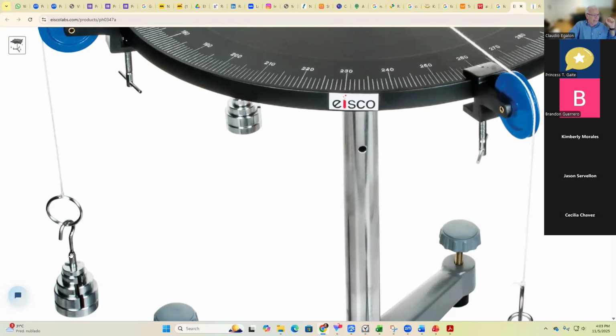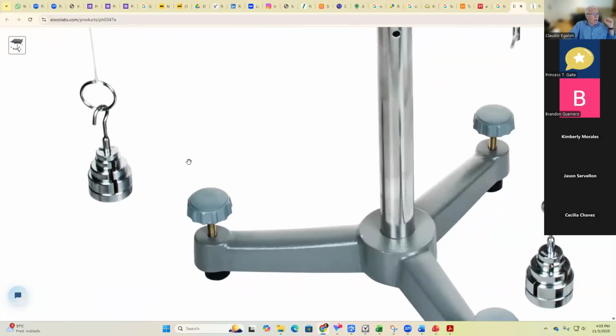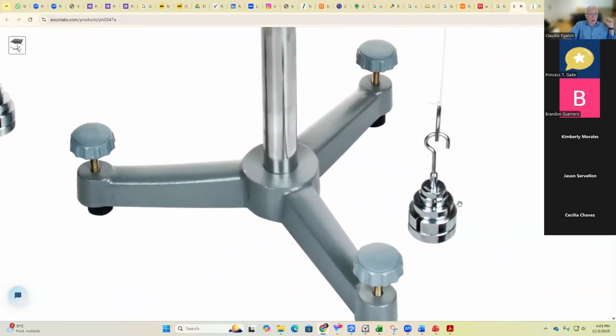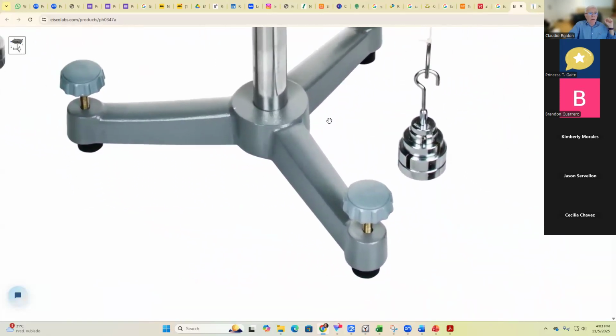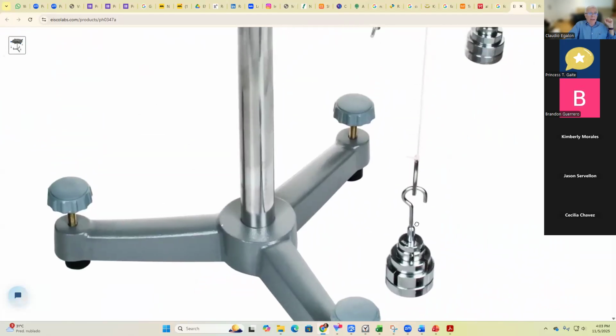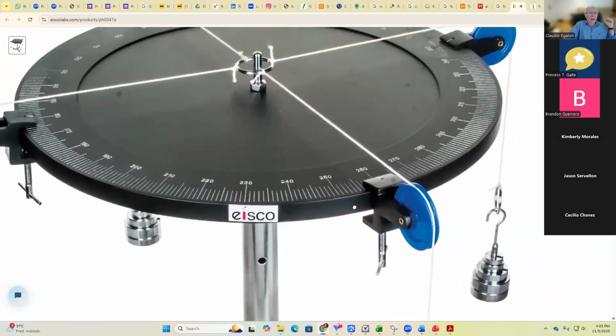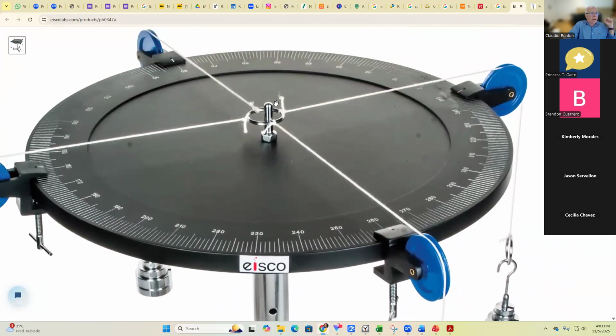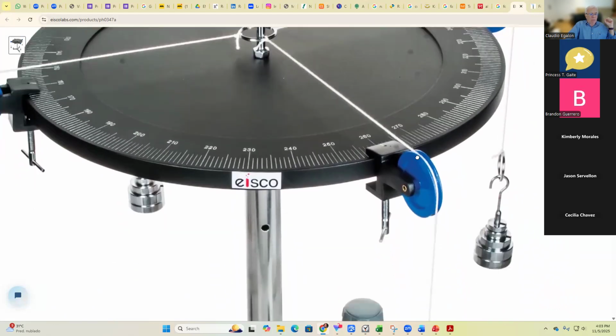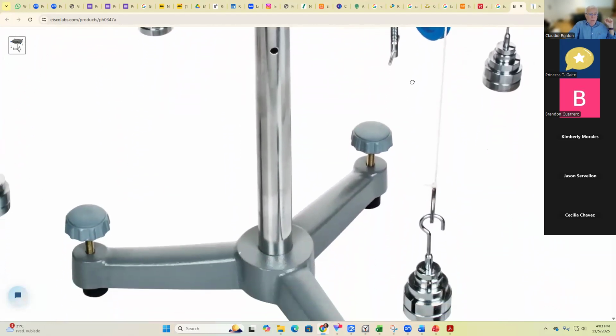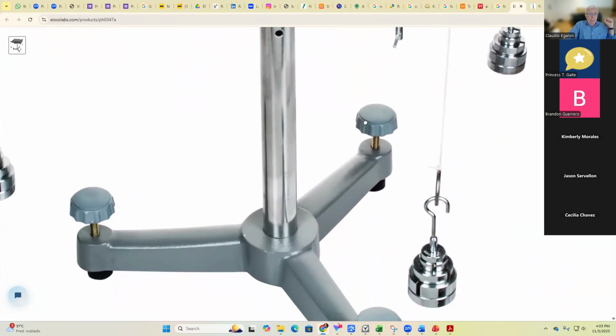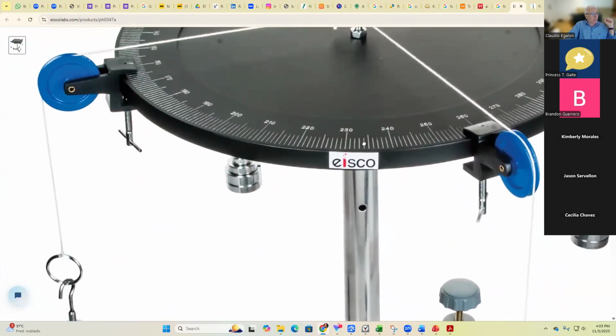It's not exactly like that at LA Harbor, but it's quite similar. That mass holder we hang from the end of the string. Here's the ring and the string. The string passes through the pulley, and we hang a mass at the end of each of those strings.